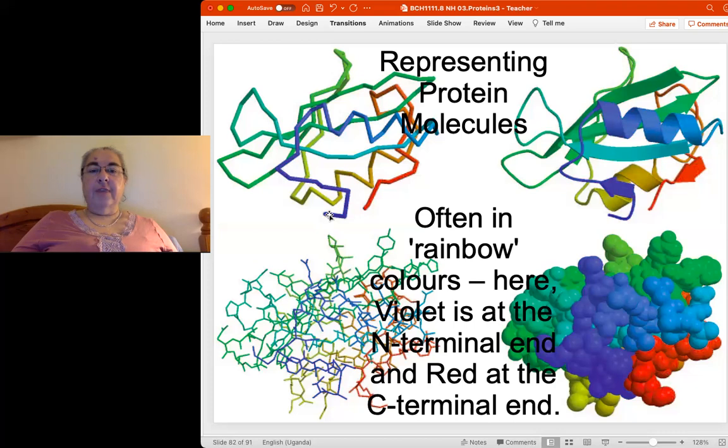Okay, so this helps you to see how the polypeptide chain is folded up. So you can see here physically the N-terminal end and the C-terminal end are quite close to each other, even though they're opposite ends of the polypeptide chain. And this coloring just shows you and emphasizes that fact.